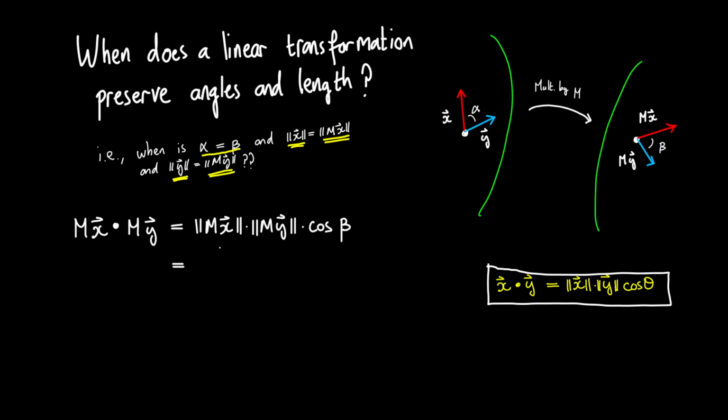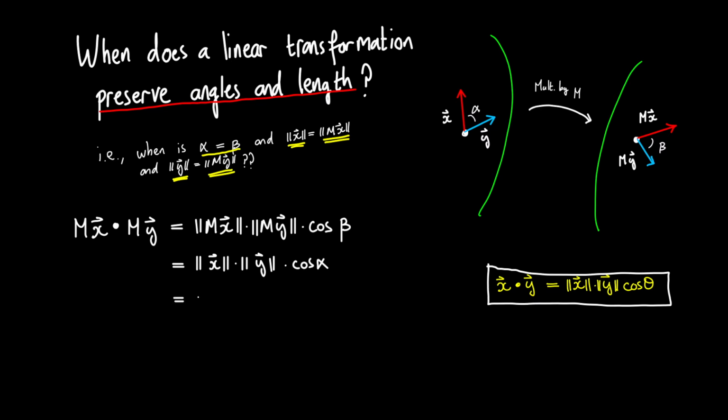Great, so now I can use my assumptions. If I assume that M is a matrix which preserves angles and lengths, in other words, it has these three properties in yellow, then I can replace the magnitude of Mx with the magnitude of x, and the magnitude of My with the magnitude of y, and cos of beta just becomes cos of alpha.